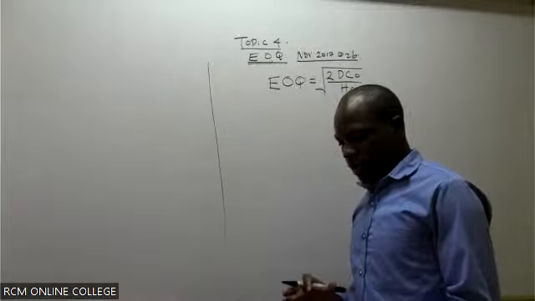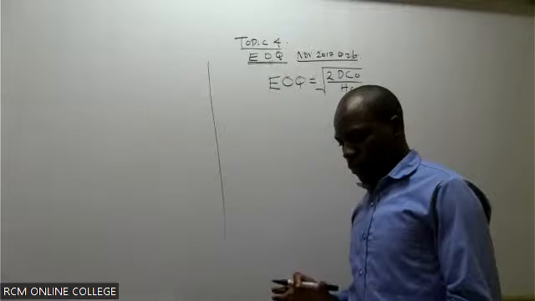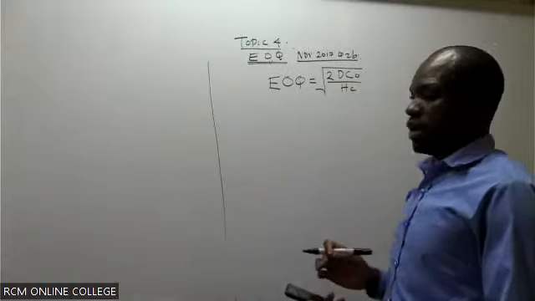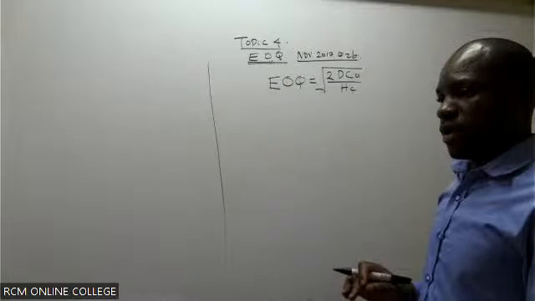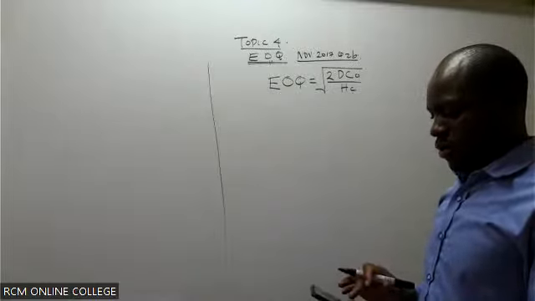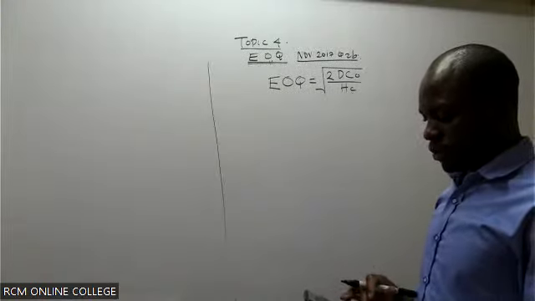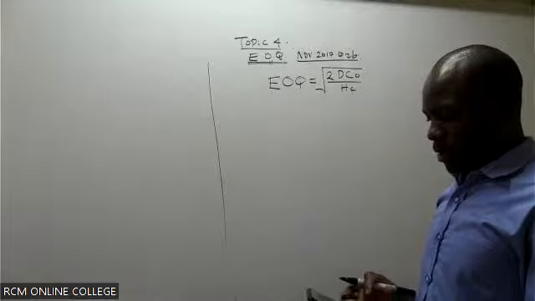So have you been able to access that paper? November 2017, question number 2B. Let's check our group description. Group description has the link to the past papers.